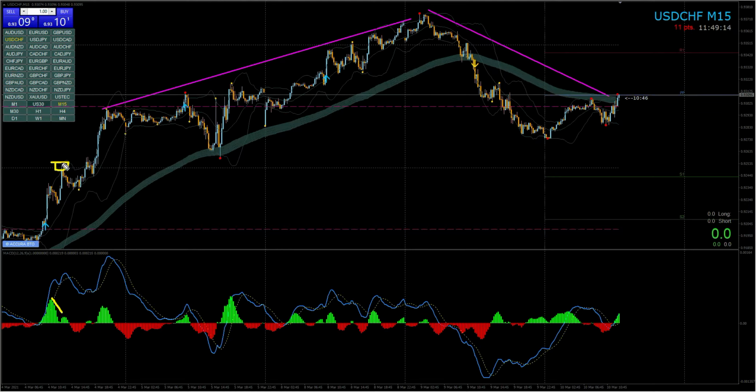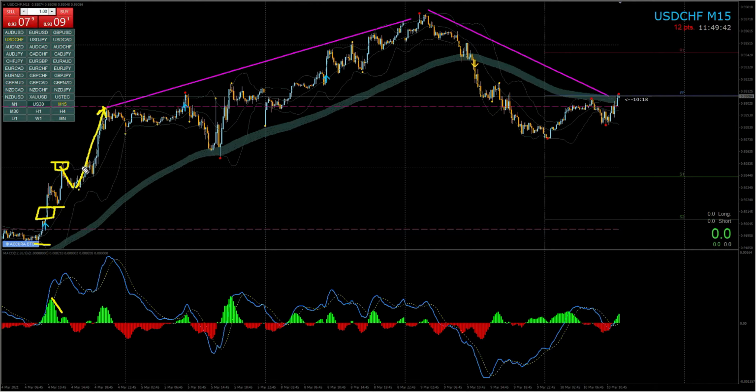So here we can exit, or when we are here we can move the stop loss to this low. We can be sure this is profit, and then the price retraces and goes to TP2.